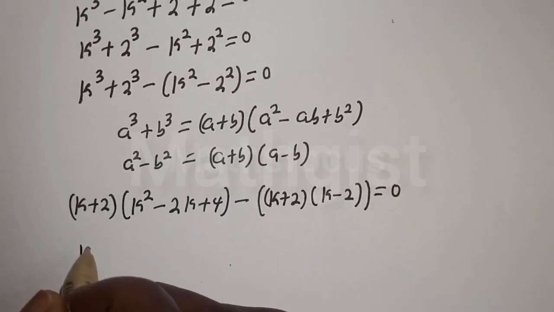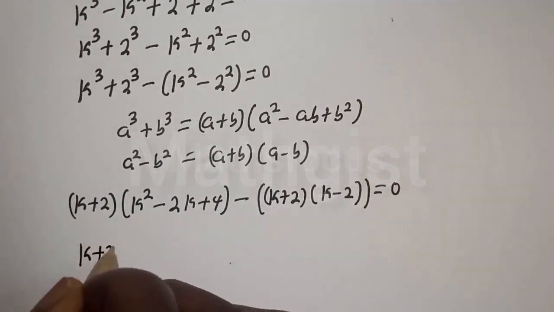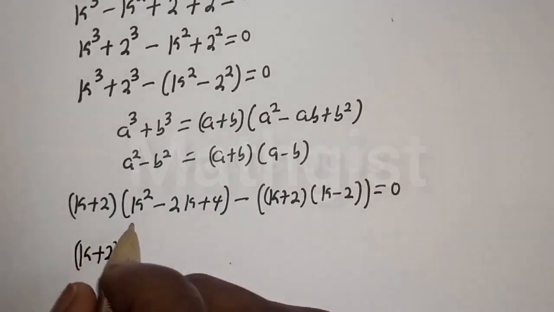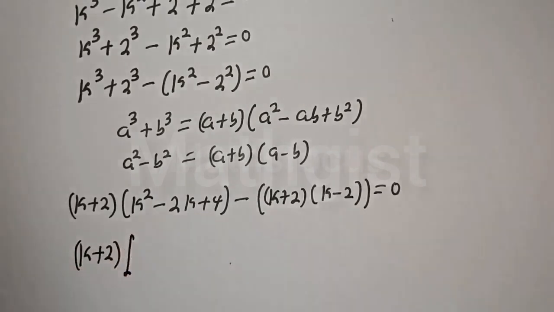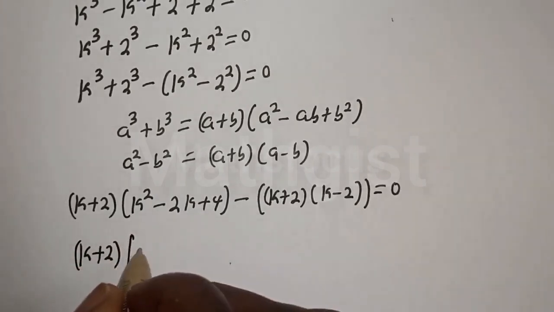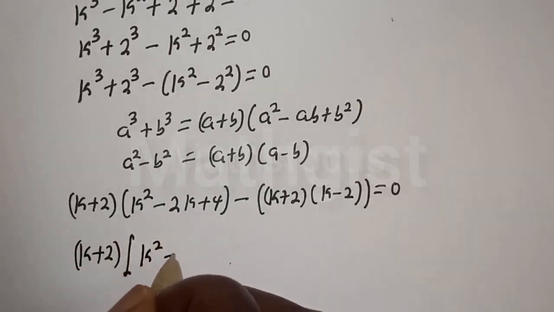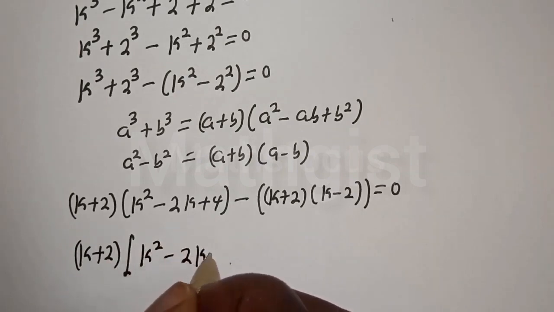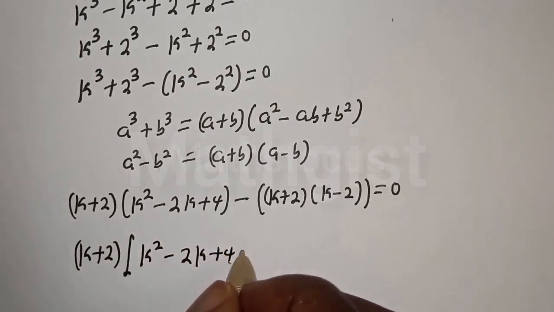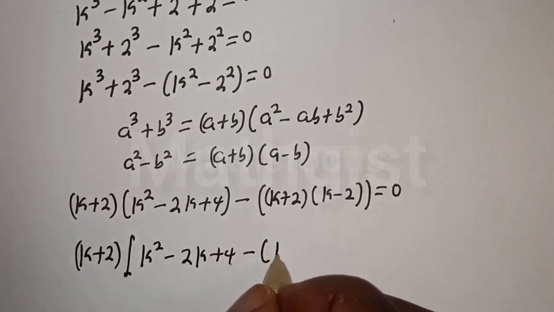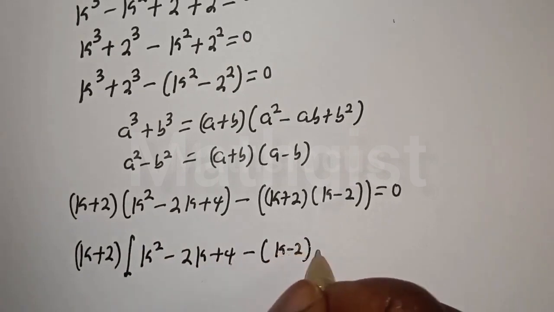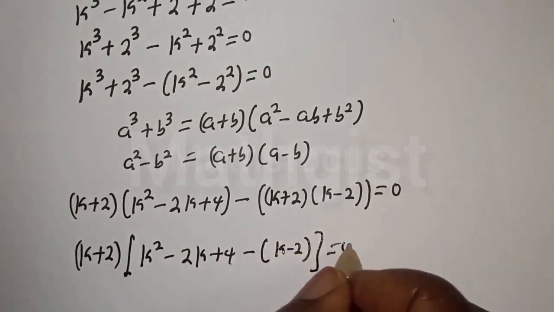Then k plus 2 bracket k squared minus 2k plus 4 minus k minus 2 is equal to 0.